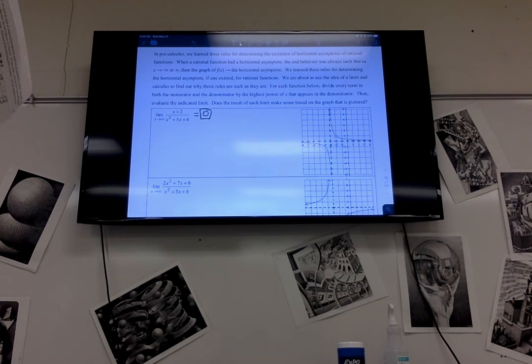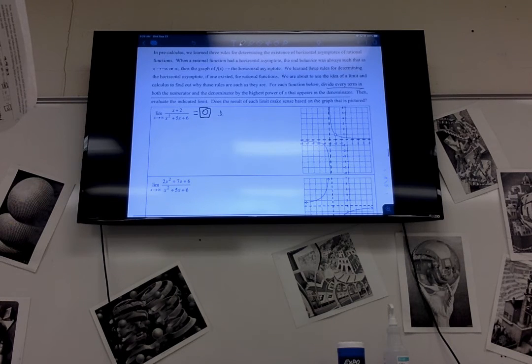We're going to divide every term in the numerator and the denominator by the highest power of x that appears in the denominator. So what I mean by that is we're going to divide everything by x squared, because the variable with the highest power in the denominator is x squared.